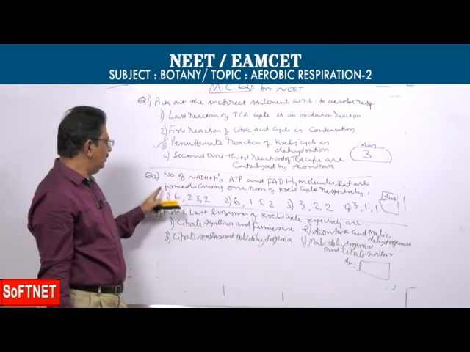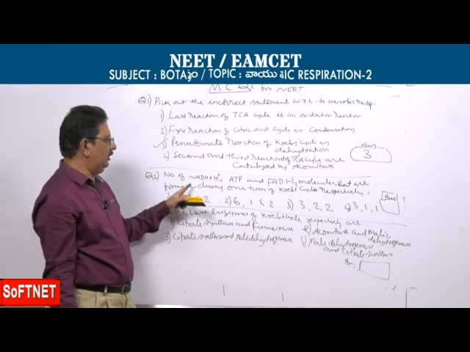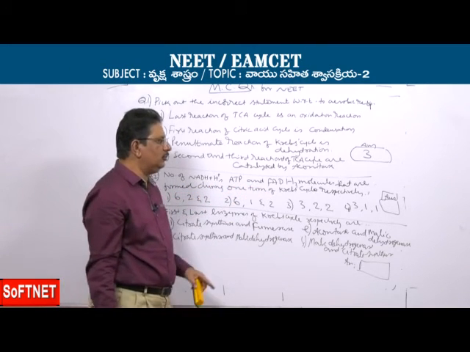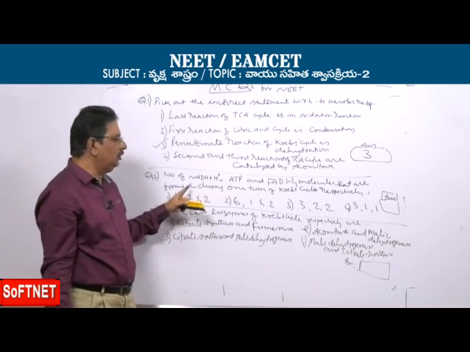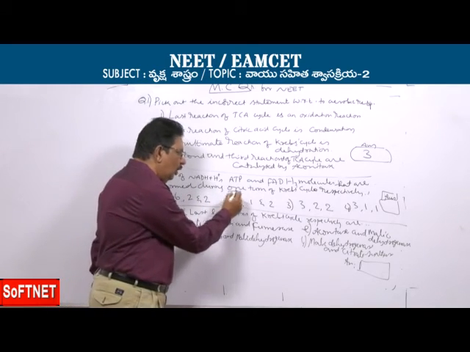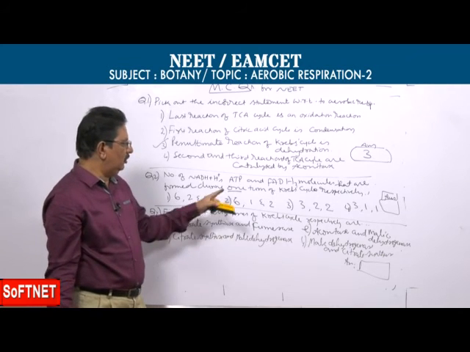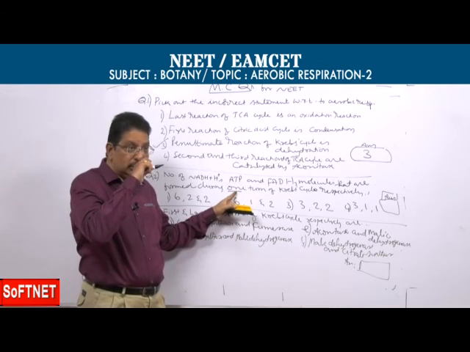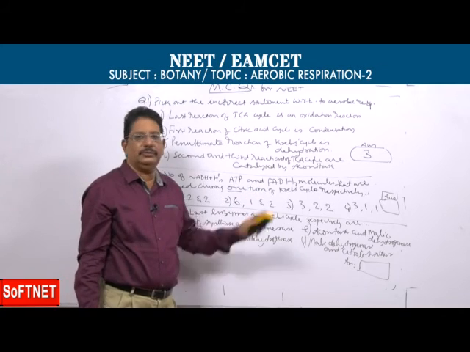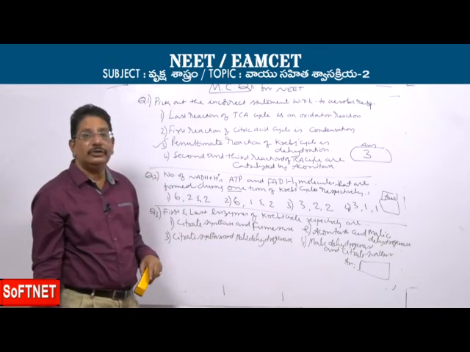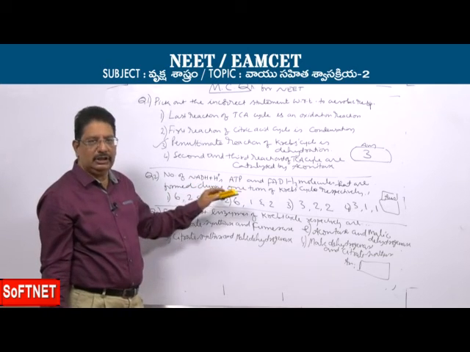Okay. See the second one, number of NADH plus H pluses and ATP and FADH2 molecules that are formed during one turn of Krebs cycle respectively. So, here you must concentrate on turn, number of turns of Krebs cycle. If it is given one turn, that means one molecule of acetyl coenzyme A is participated.